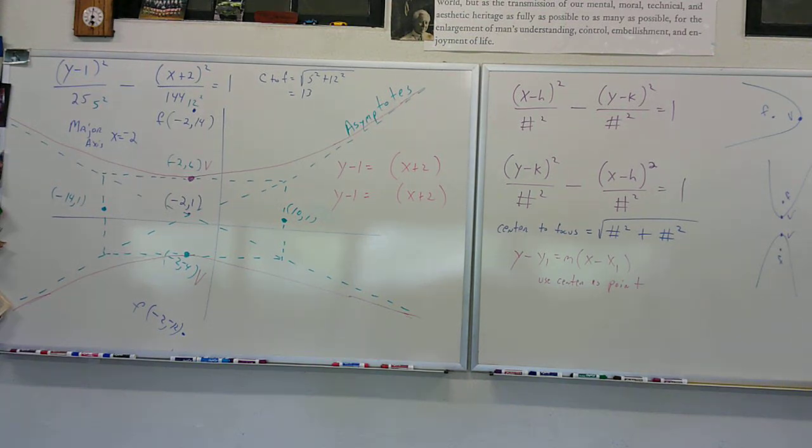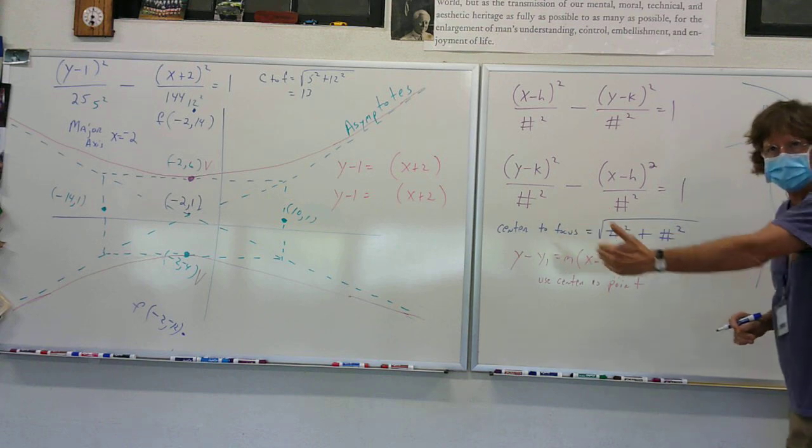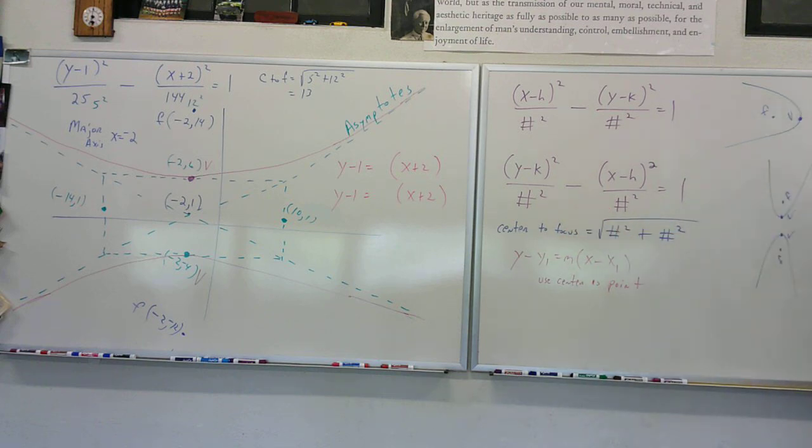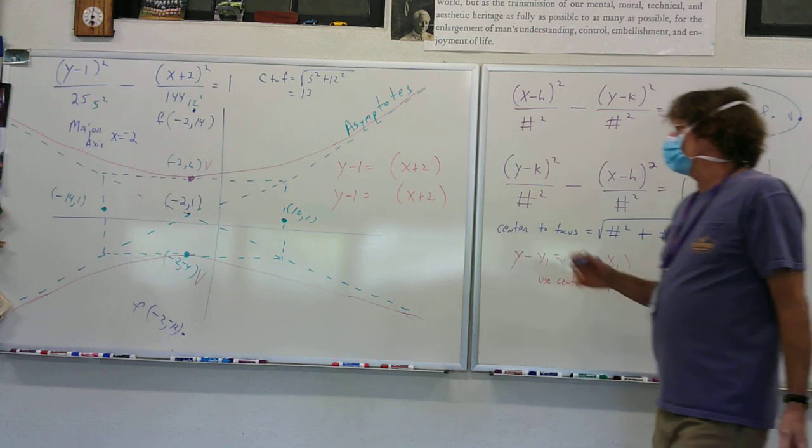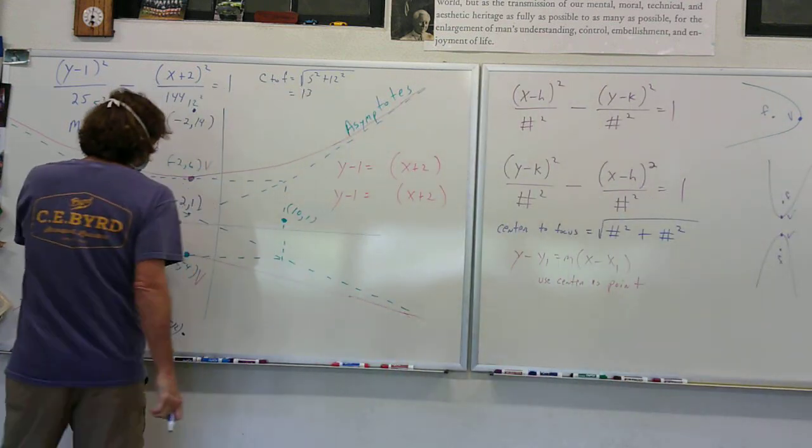We're never going to go backwards for our x. And then if your change in y is going up, you get a positive slope. Change in y going down, you get a negative. This only works, though, if you work from what? Left to right.